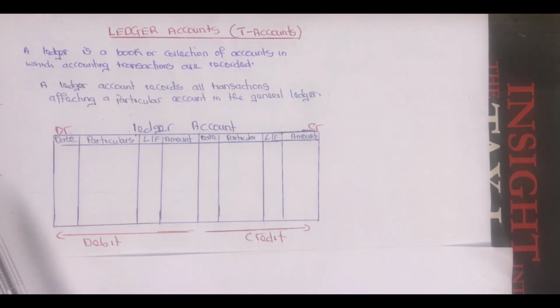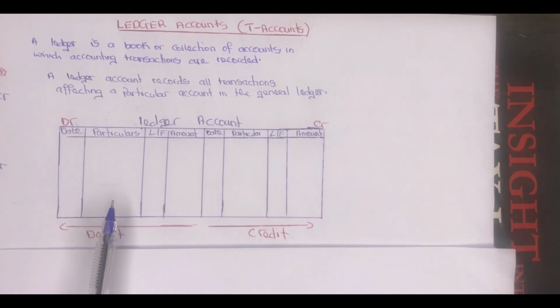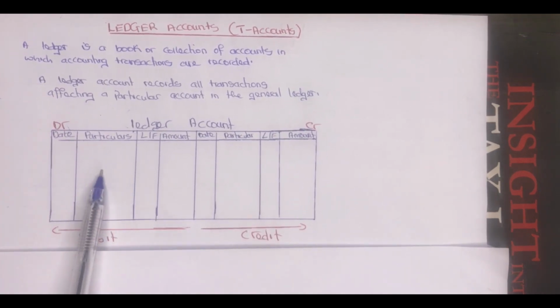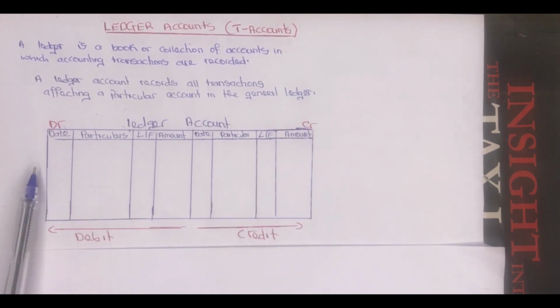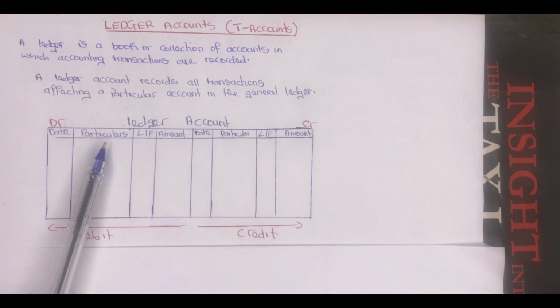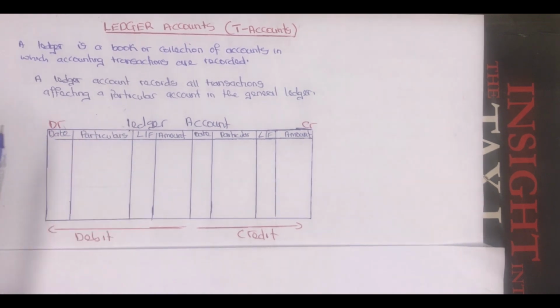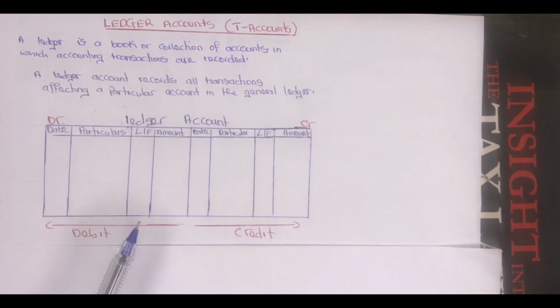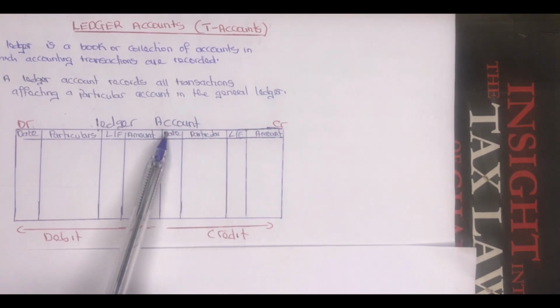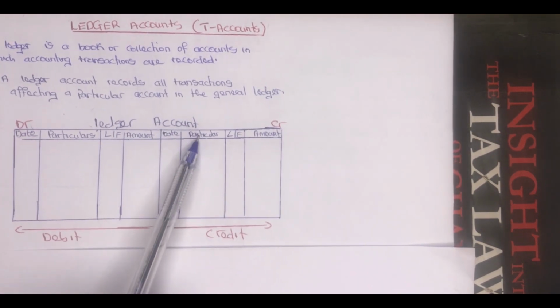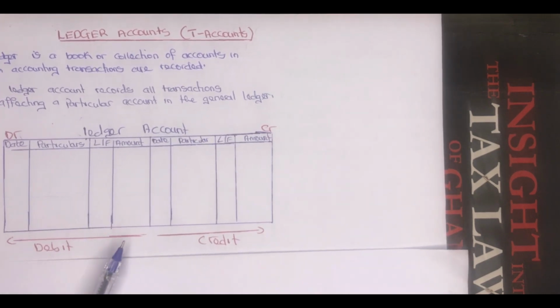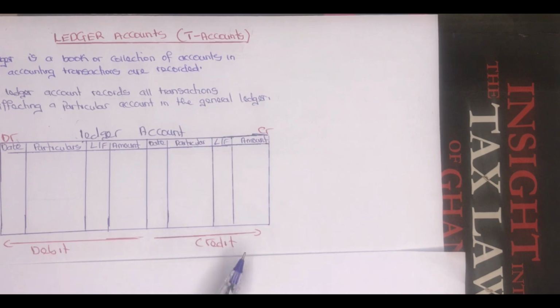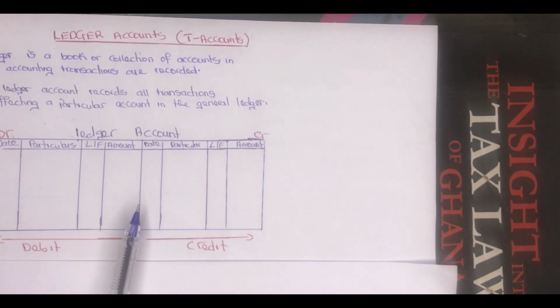Here we have the debit side and this is the credit side. On the debit side, we have the dates, particulars, ledger folio, and the amount. On the credit side, we also have the dates, particulars, ledger folio, and the amount. So this is the format of a ledger account.